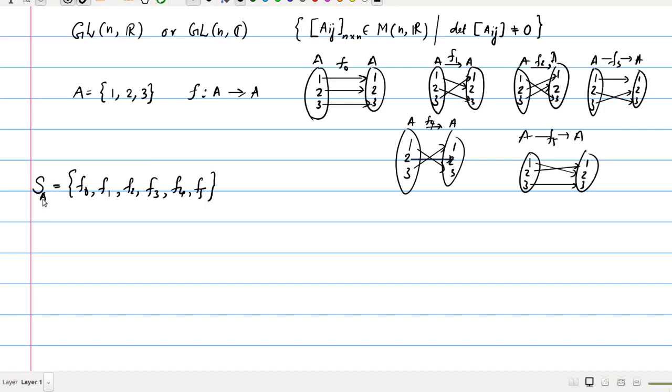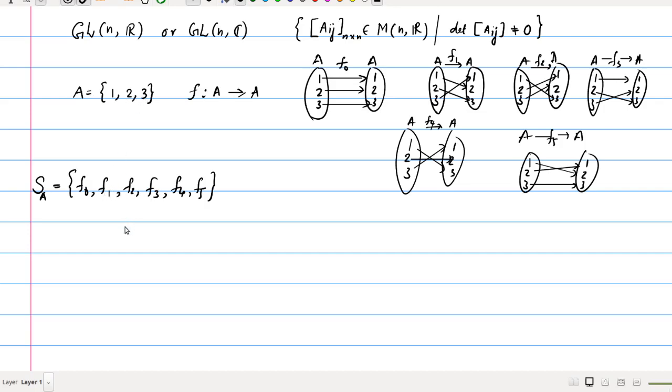Later we denote this as S3 since A contains 3 elements. In general, S_A consists of the set of all one-one onto functions from A to itself. In the case of A equal to 1, 2, 3, there are exactly 6 elements.